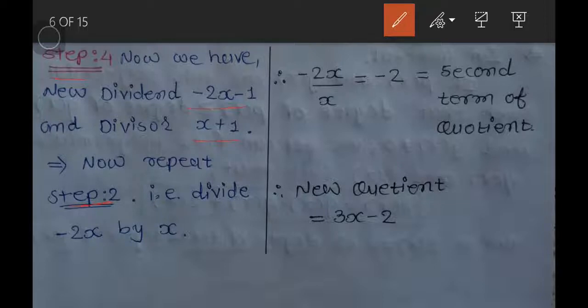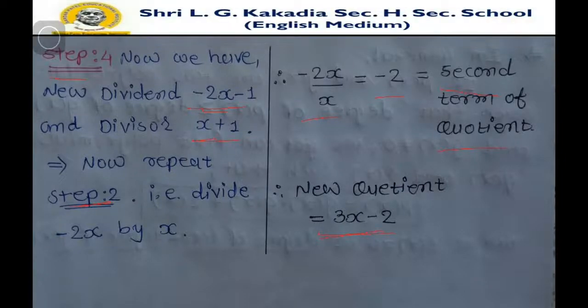So here the first term of the dividend is minus 2x, and the first term of the divisor is x. So we divide minus 2x by x, and we get minus 2, and it is the second term of our quotient. So we put this term in our quotient, and now our new quotient is 3x minus 2.